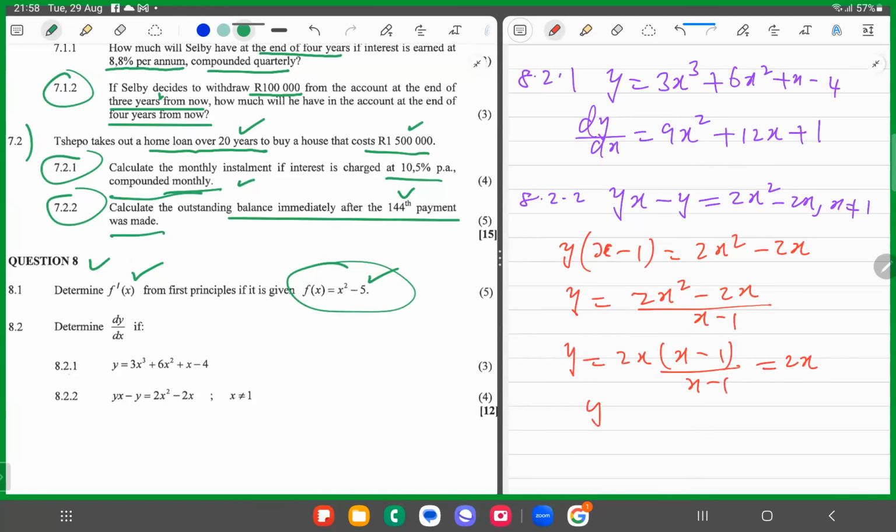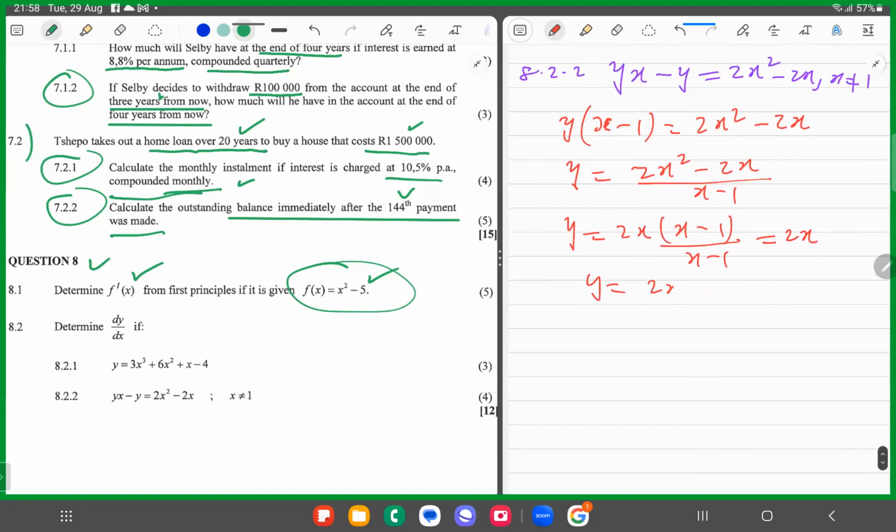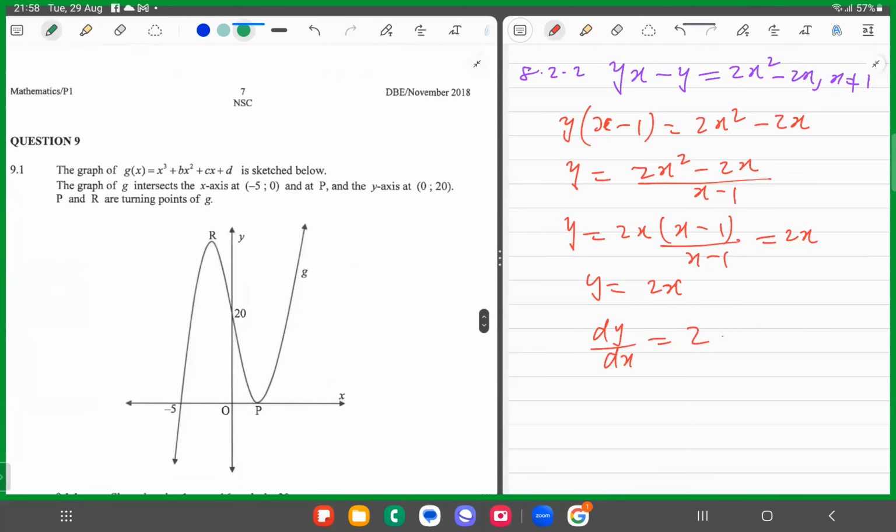So if y is 2x, then what is dy/dx? The derivative of x is 1, so the derivative of 2x is just 2.